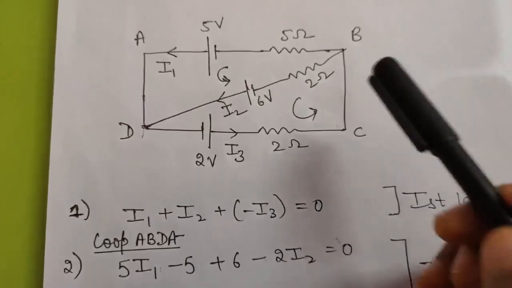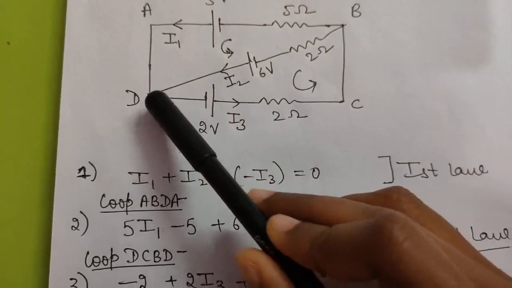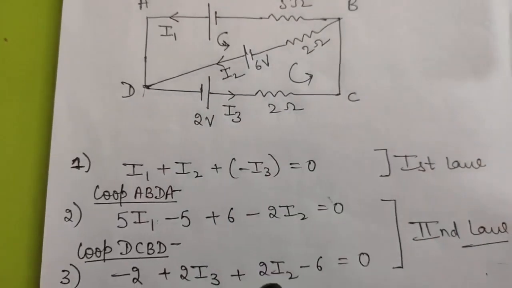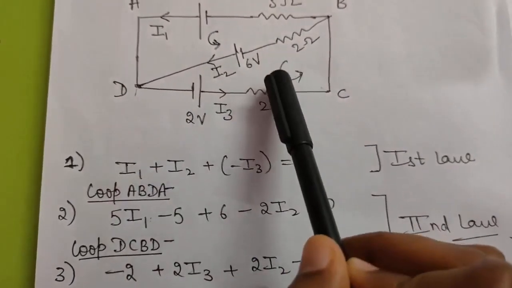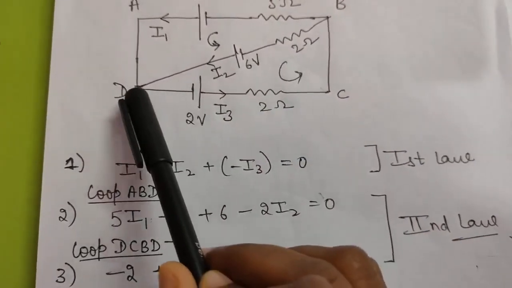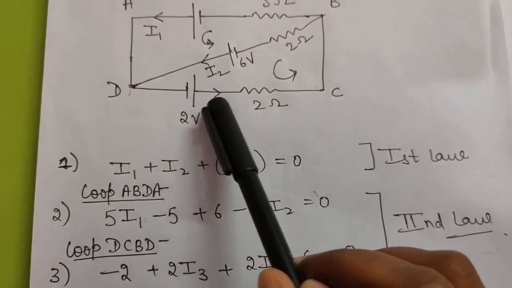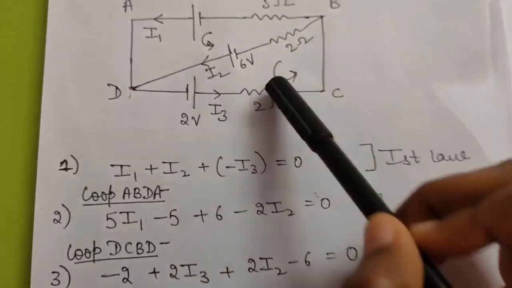Now considering this loop DCBD. Try to write it yourself and then match it here. Again I am choosing the anti-clockwise direction. Going from here, the negative terminal will come first, so -2. I am traveling in the same direction of current, so plus 2I3.